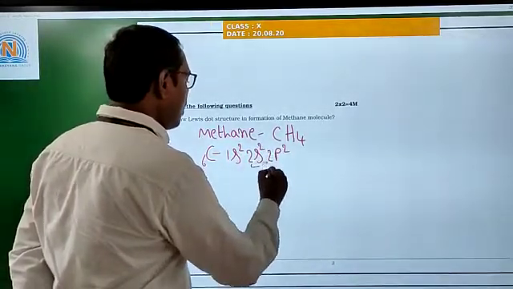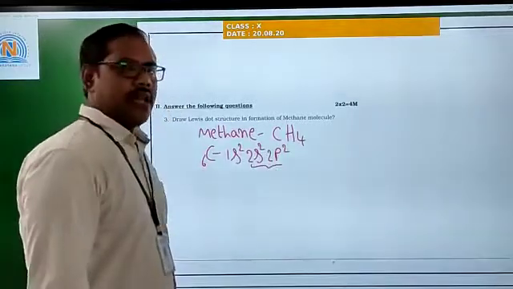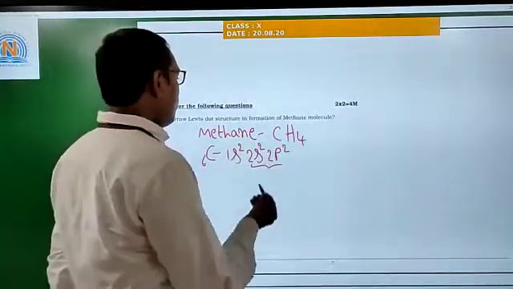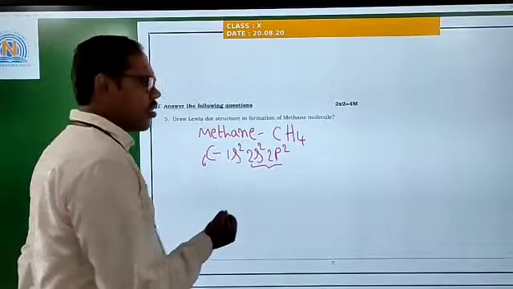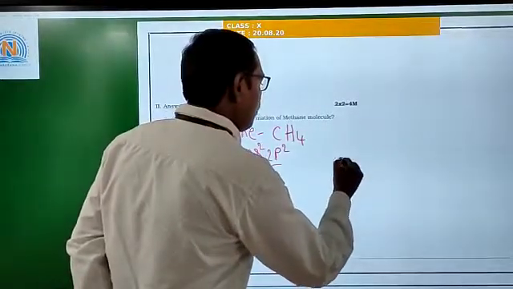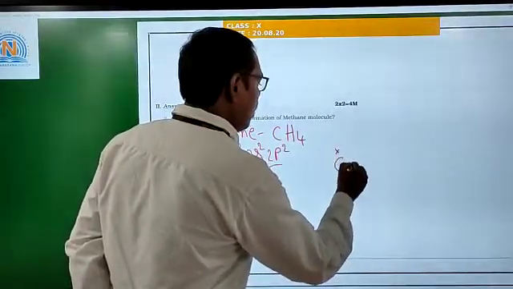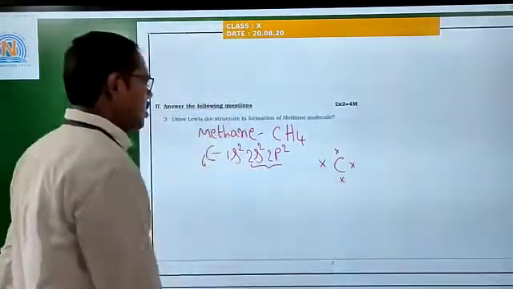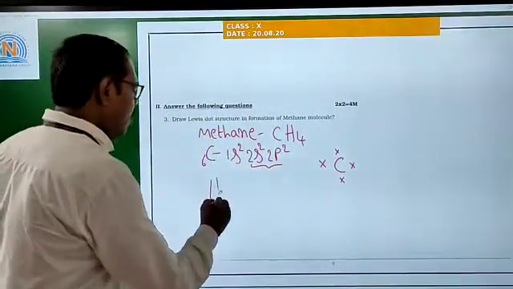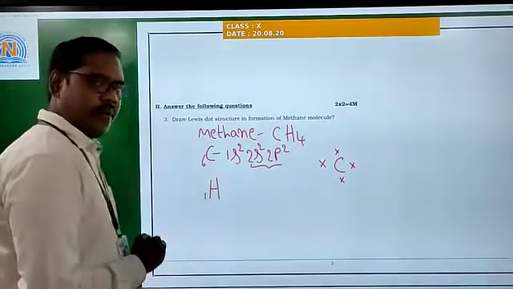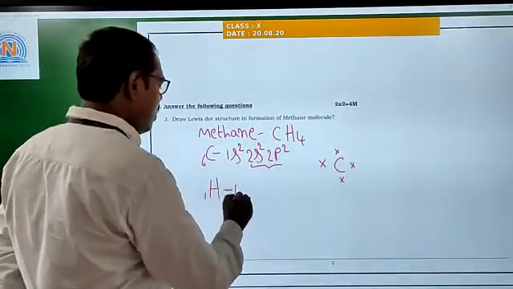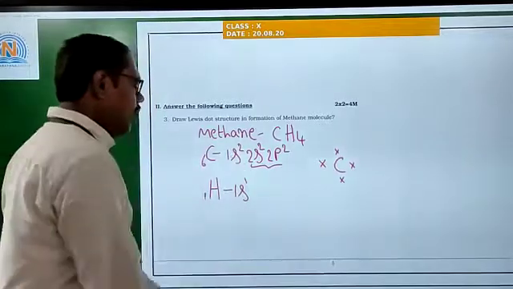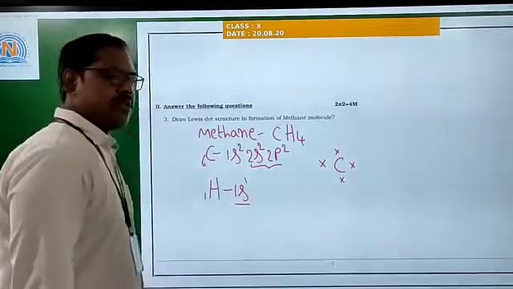That means carbon contains 4 valency electrons. So according to the Lewis dot structure, around the carbon we have to draw the 4 electrons. Next, hydrogen. Hydrogen atomic number 1, electronic configuration 1s1. Hydrogen contains 1 valency electron.